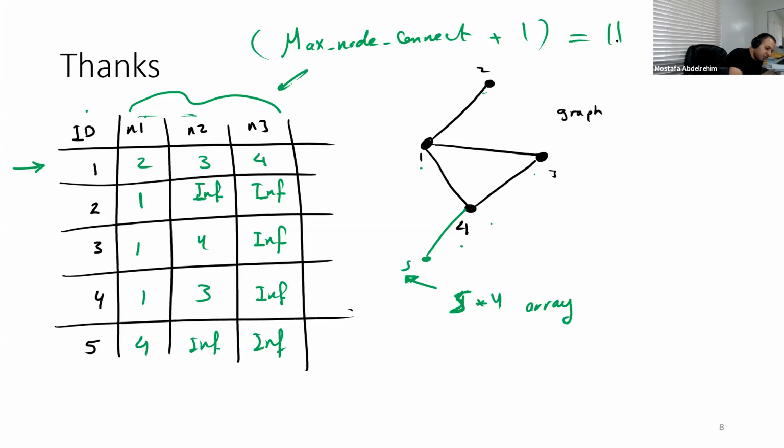This is equal to the number of columns in that array. We'll call it a graph array because this array is now representing a graph. This is how we represent graphs in programming using an array.